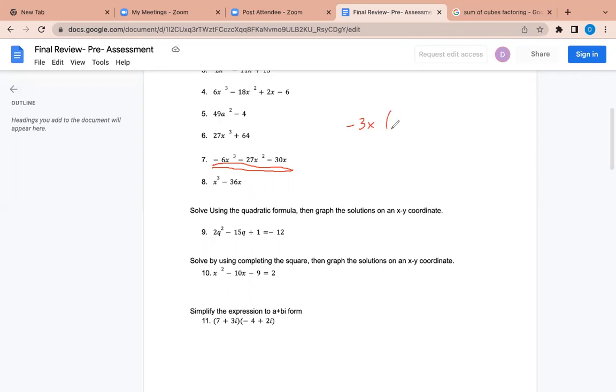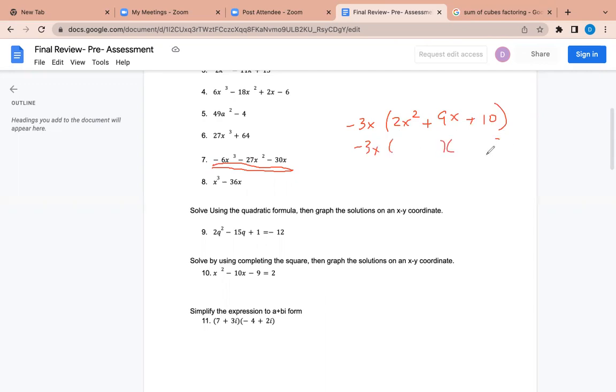And so what's left inside, I took out the negative, so it'll be a positive 2x squared plus, remember, all the same signs change, so plus 9x, and then, sorry, it should be plus, because I took out a negative each time. So it'd be negative 3x.